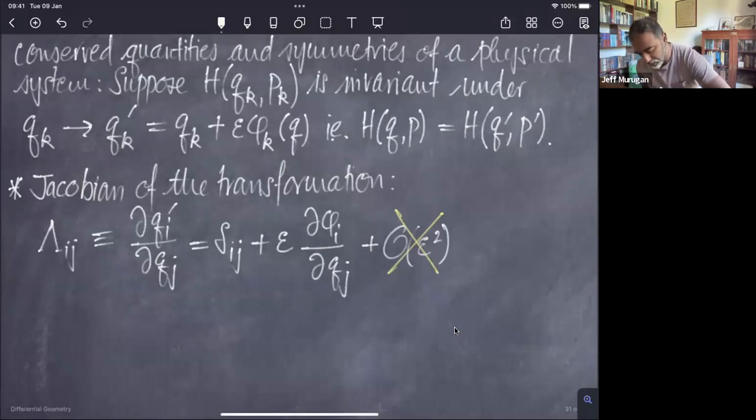Under this change of coordinates, the momentum transforms as follows.